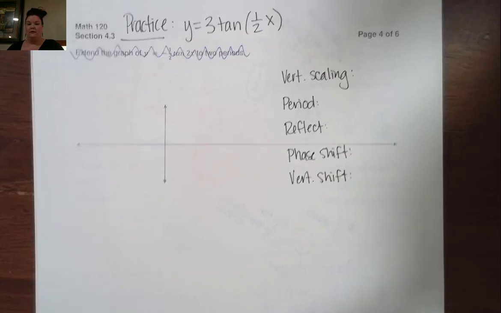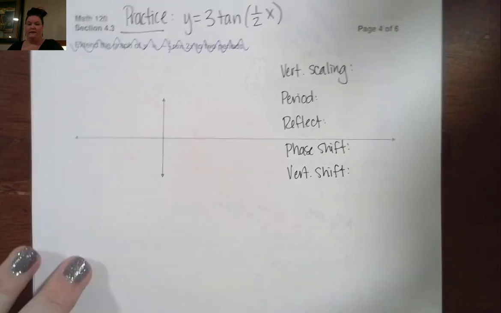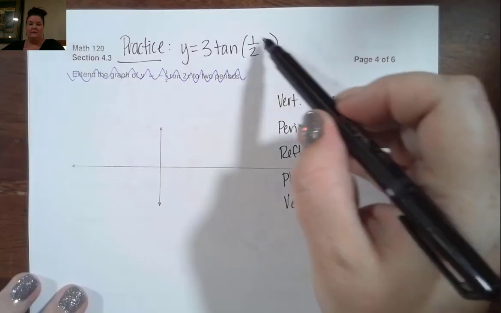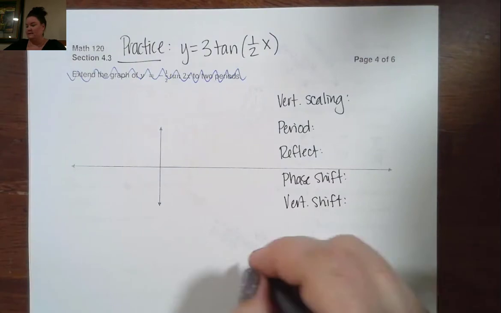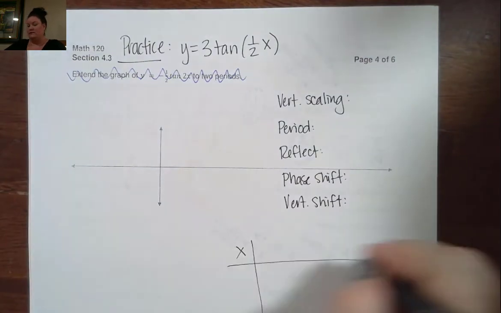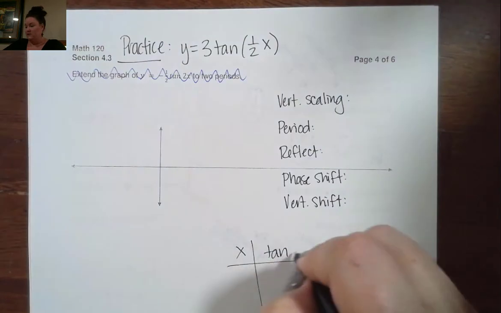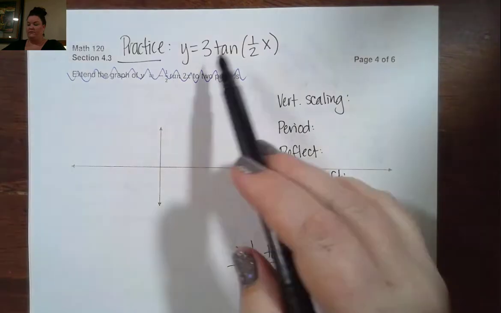Okay, if you need an XY table to help you, you would adjust your X's, right? So then you would have the row that is your X's, and you've adjusted them for what you have going on right here, which is tangent of 1/2 X. And then you would lastly adjust for your Y's.